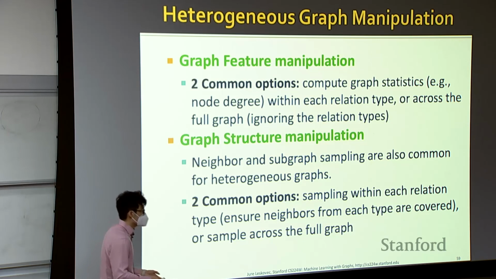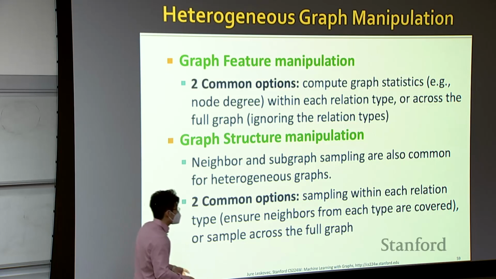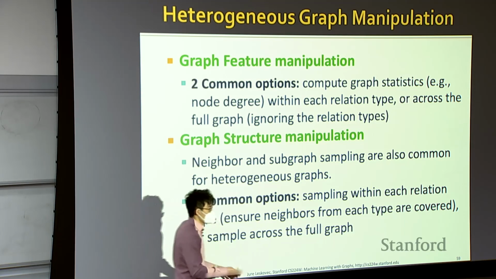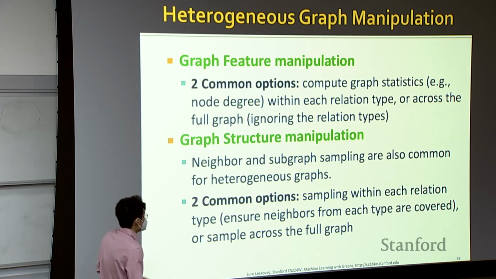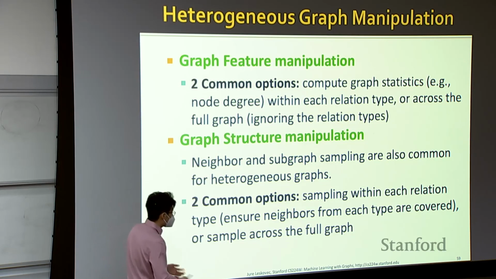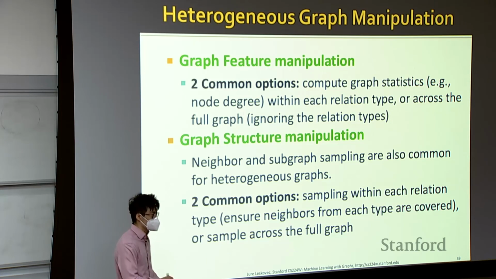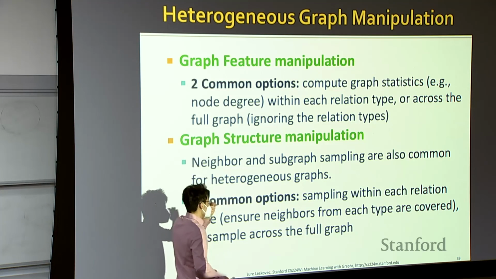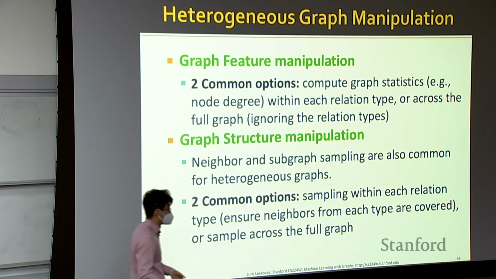We talked about the analogy that a heterogeneous graph can be regarded as n different separate graphs, so we can compute the statistics or perform subgraph sampling for each relation type. Another approach is to just ignore the relation type. We treat the heterogeneous graph as a homogeneous graph without any type information, and then we can compute the graph statistics or perform sampling over the entire network.